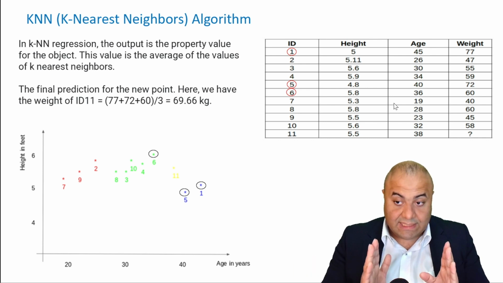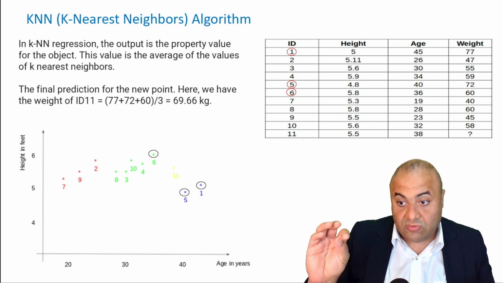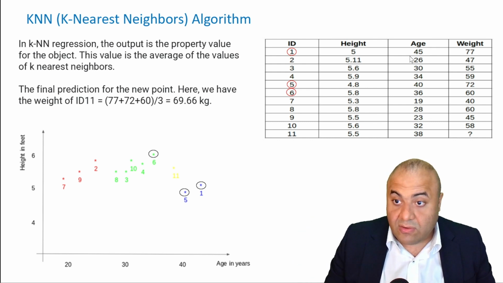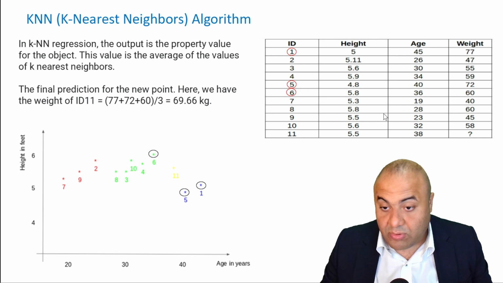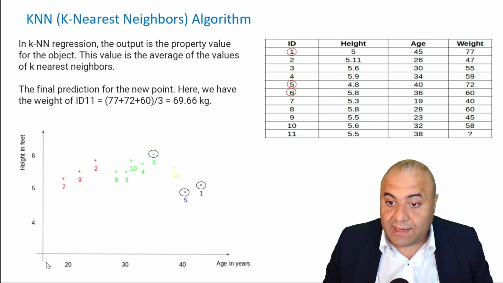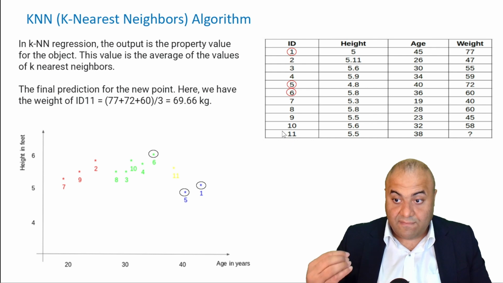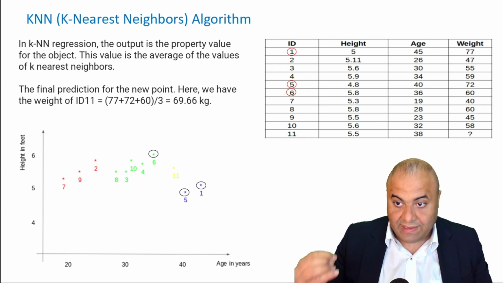These are the X data, and the Y data that we need to predict is the weight. In this case, we can directly plot the height and the age, and now we ask ourselves what is the weight value of point 11.